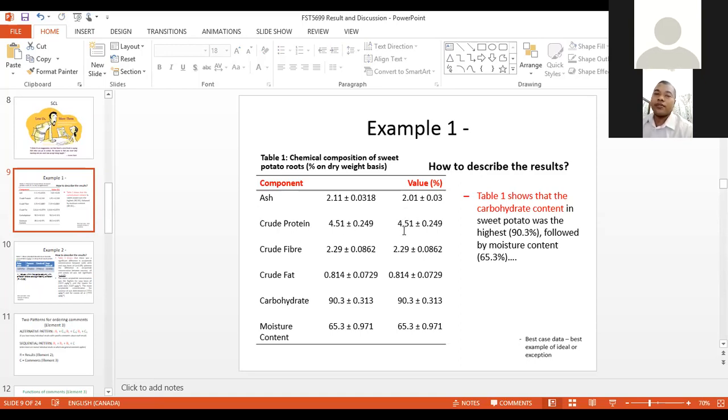How to know? Because the author did not do the mean comparison. Suppose the author did ANOVA so that we can know whether 0.8 and 2 were different or not, whether 90 and 65 were different or not. If it is like this, it's difficult for us to tell, right?